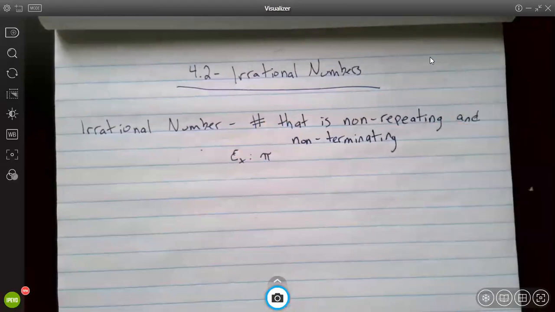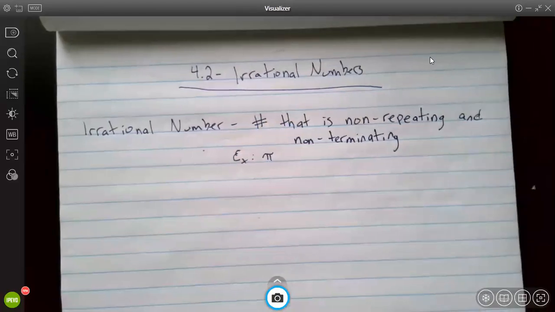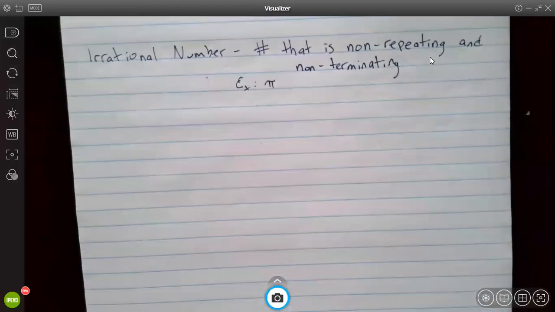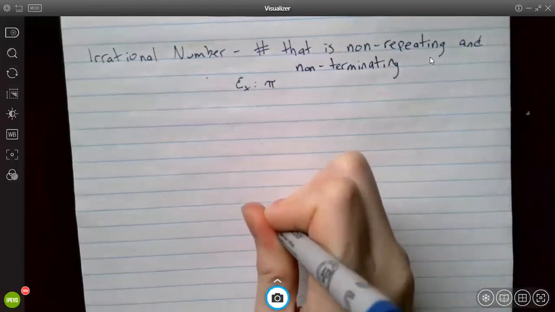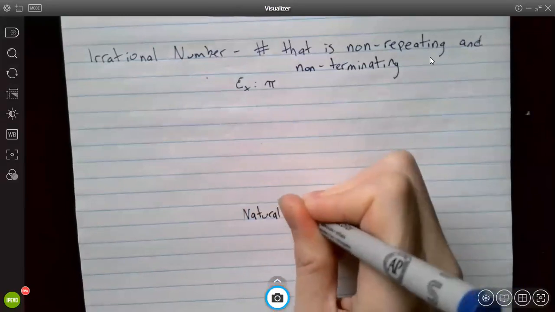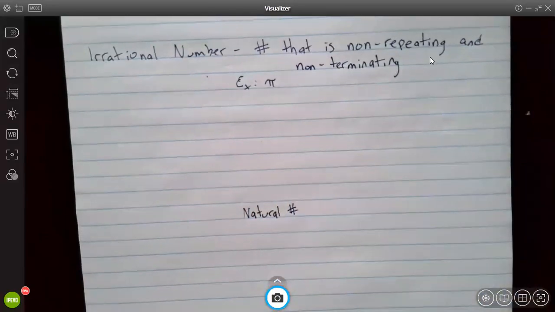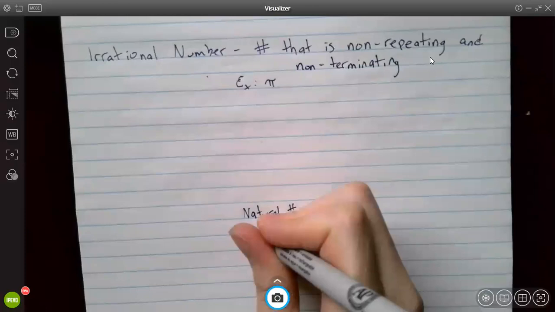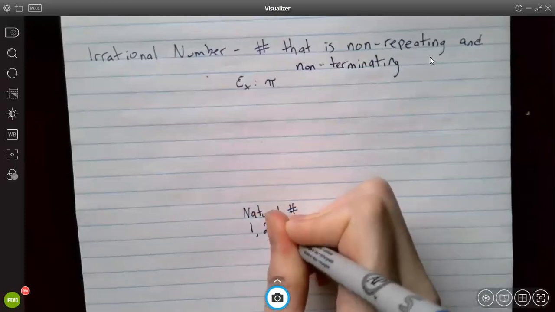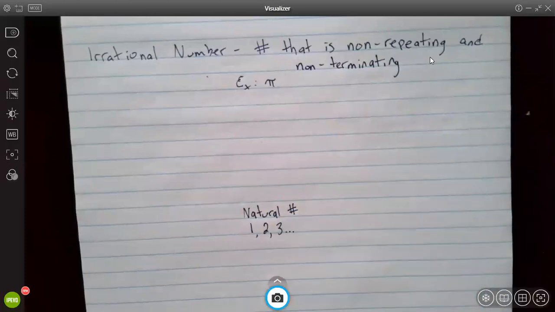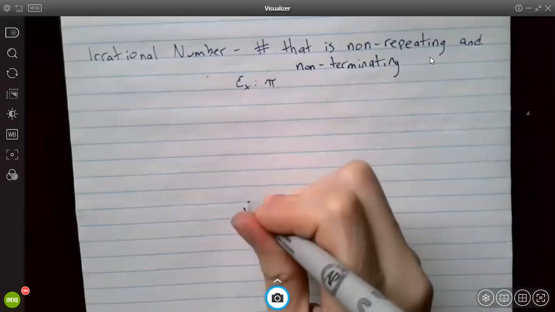Okay. So we're going to start by talking about all the different types of numbers that there are. The first type of number is a natural number. A natural number is any number above 0, so it would be like 1, 2, 3, and onwards. Okay, so that's your natural numbers.